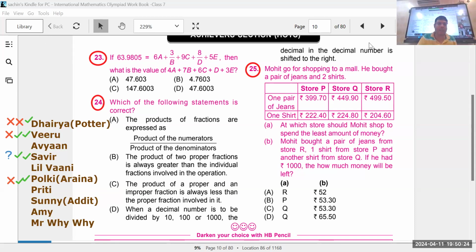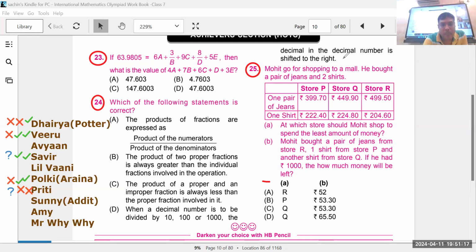So just give 24, 25, Pritesh, Rilvani, Avyan. All right, let's see, Pritesh. I'm sending.